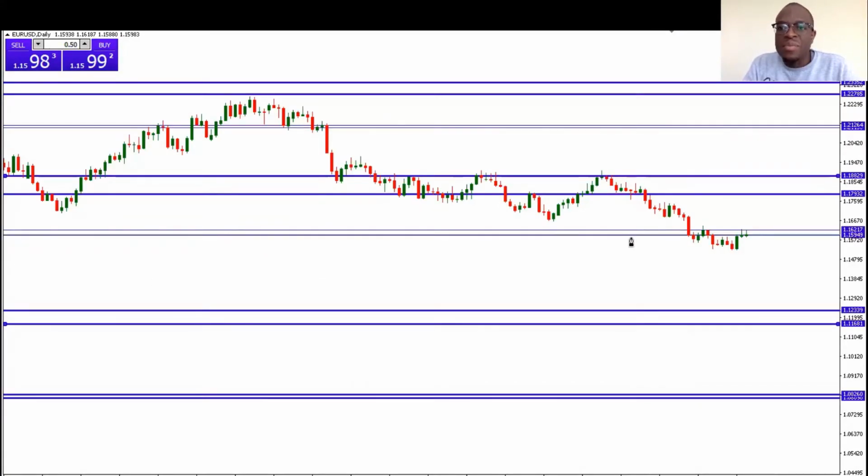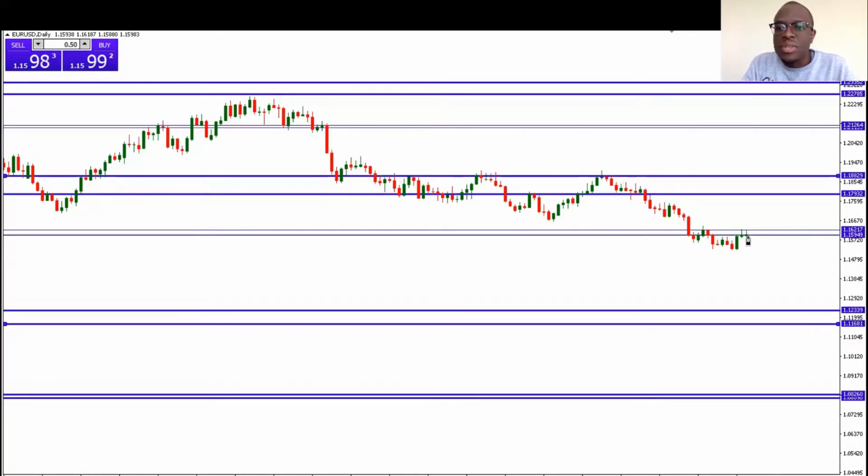On the daily time frame, yes, we can notice that the price has mitigated this order block, right? So what we'll be expecting is that the price may be rejected here. You can notice that we have two inverted hammers here.